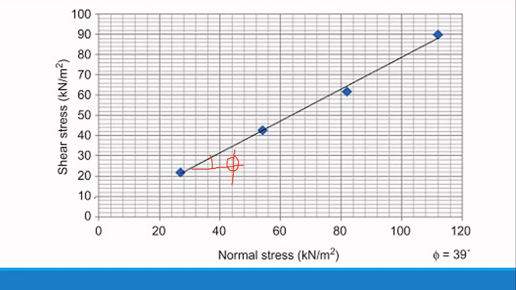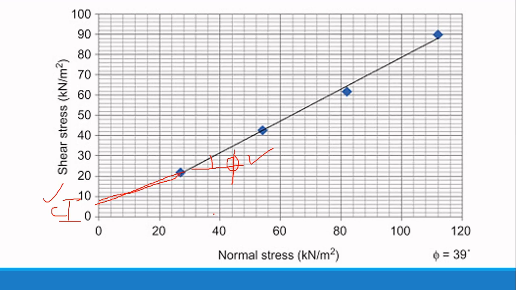If I extend this line to the y-axis, I get an intercept over here. So this intercept is actually C.